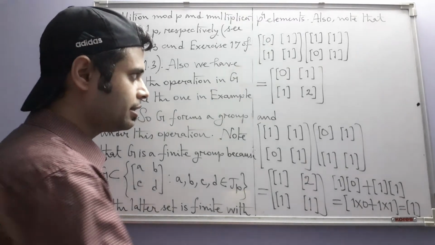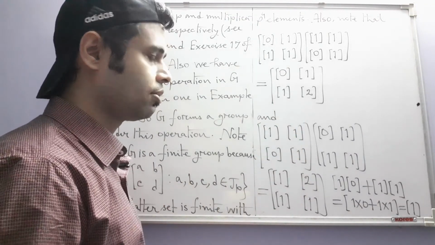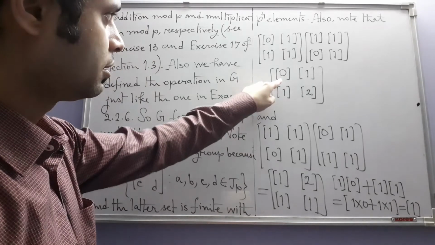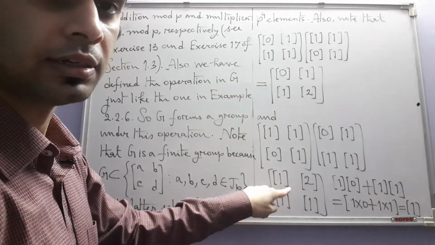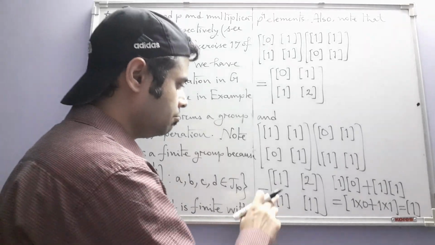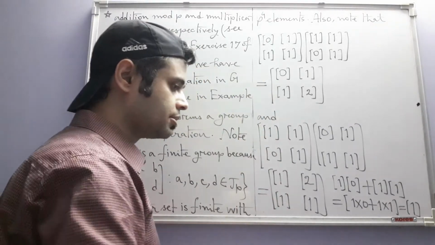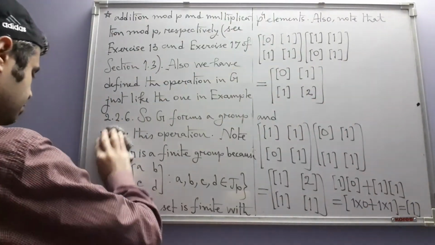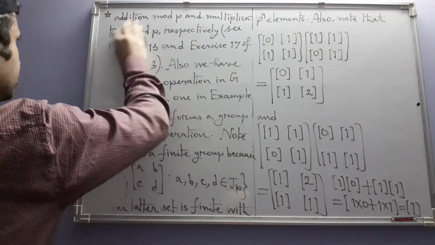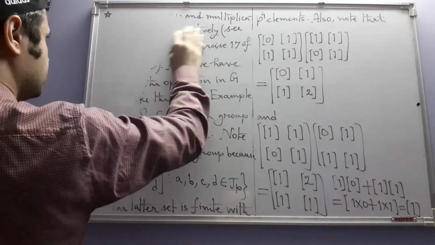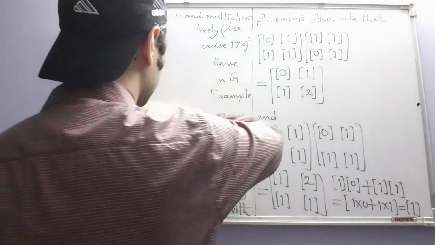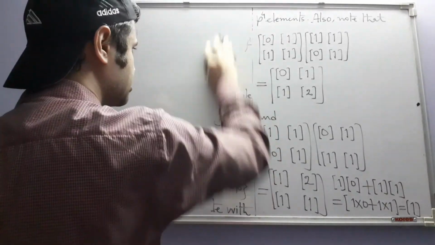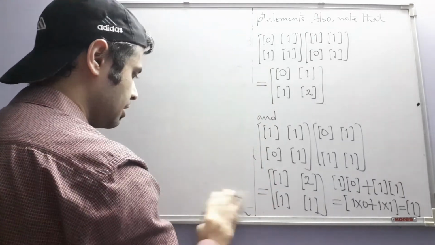So you can see that these two matrices are not equal. Why? Because the first row, first column entry in them are different. We cannot have 1 is equal to 0. Can you guess why? And this 1 and this 0 are different things, keep that in mind. They are not numbers, they are sets, congruence classes.